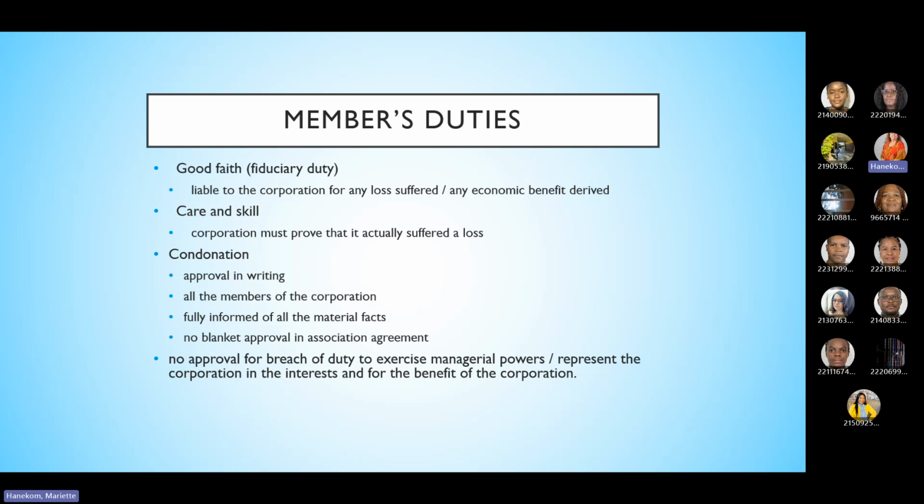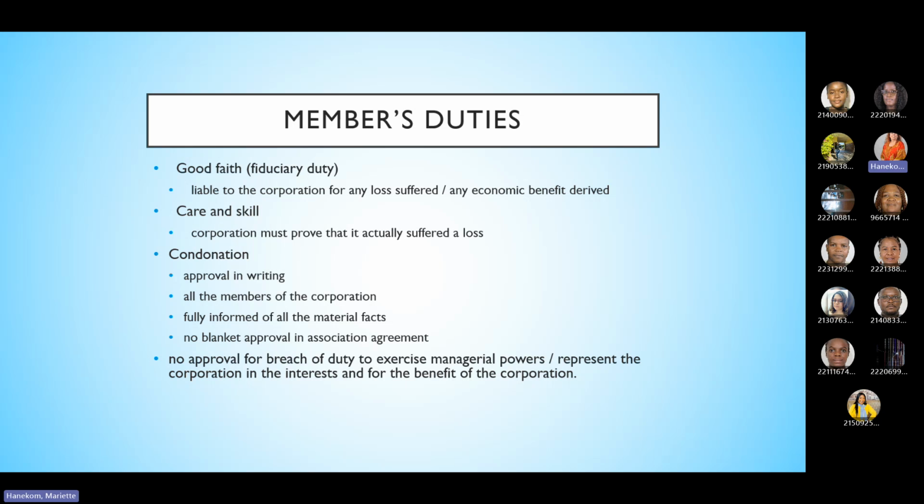Requirements for such condonation is that approval for the condonation must be given in writing by all the members of the corporation, who must be fully informed of all the material facts. This implies that what is referred to as a blanket approval in an association agreement will be invalid.